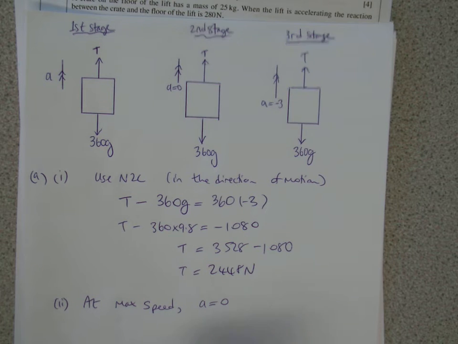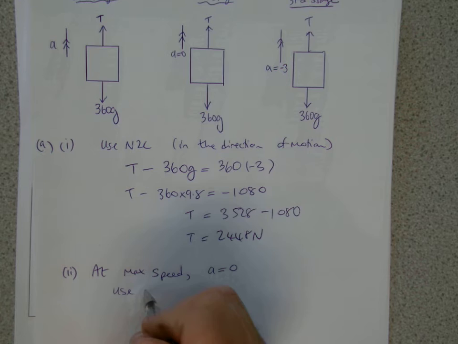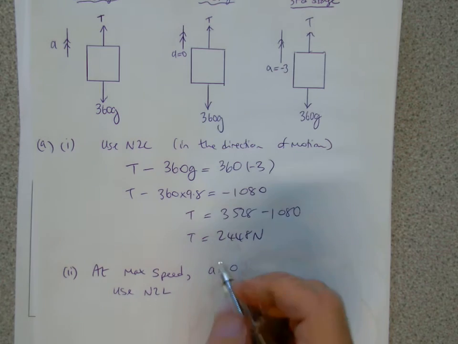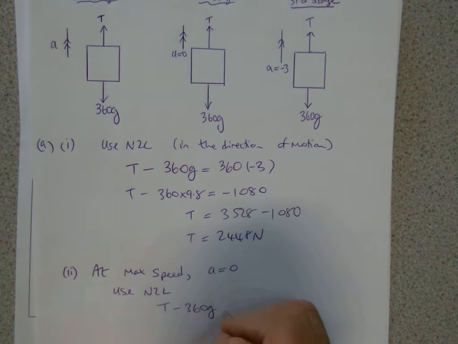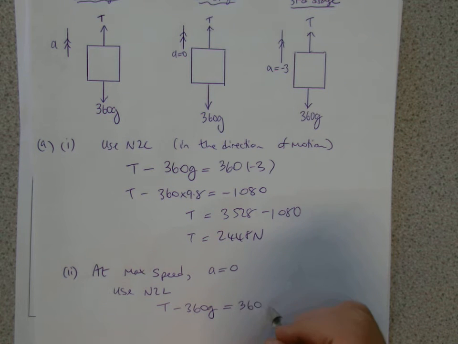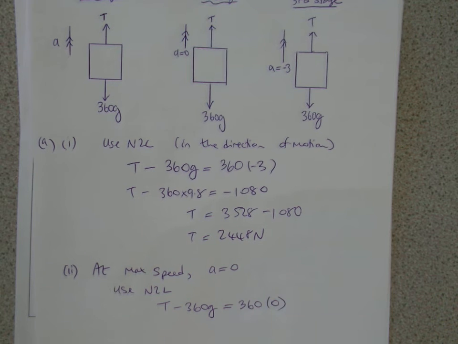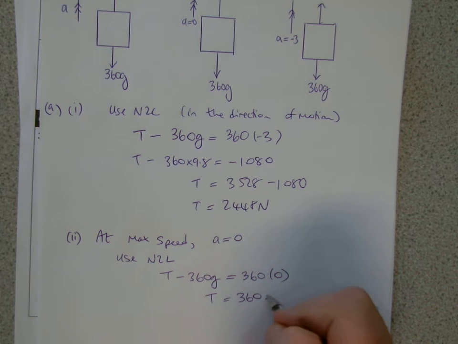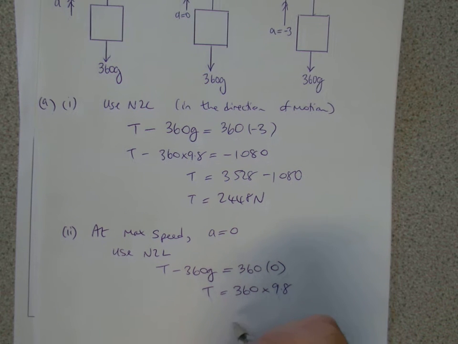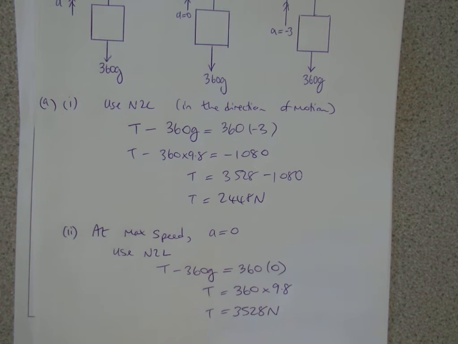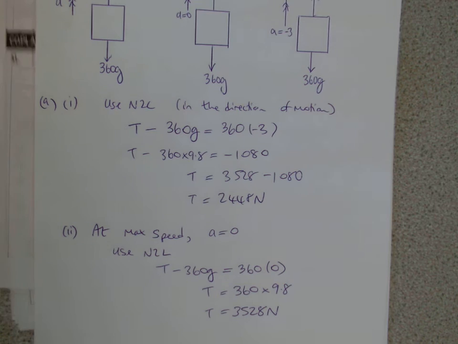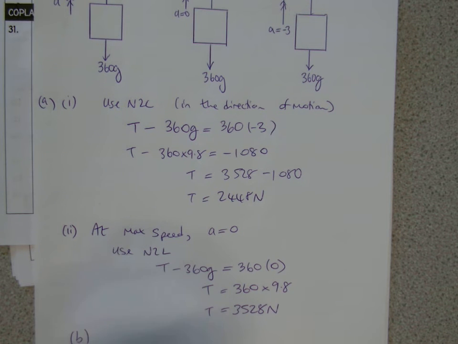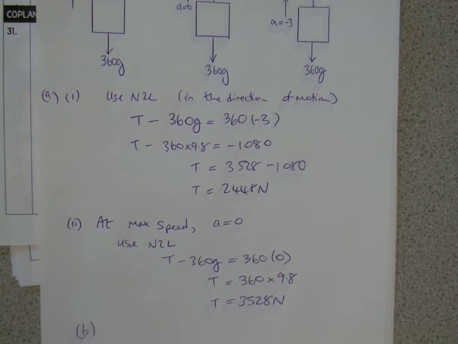So if we use Newton's second law again, it's going up, we'll have T take away 360g, equal to mass times acceleration. The mass is 360, but the acceleration is 0, isn't it? So quite simply, T will equal 360g, or 360 times 9.8, which we worked out before to be 3,528 newtons.